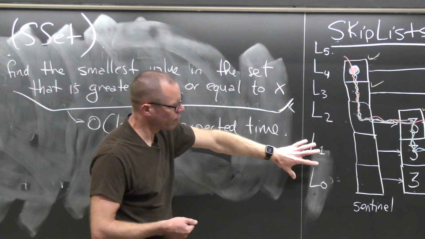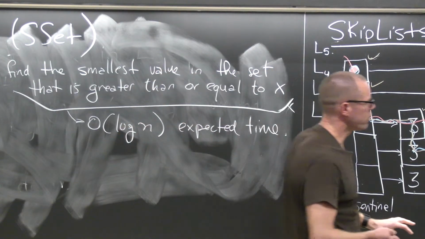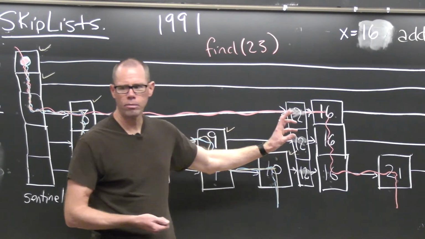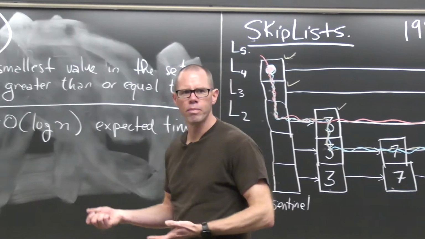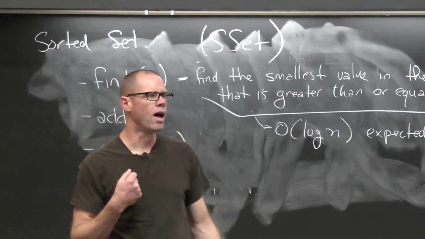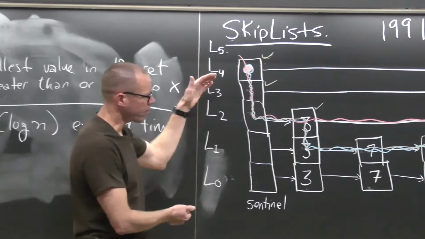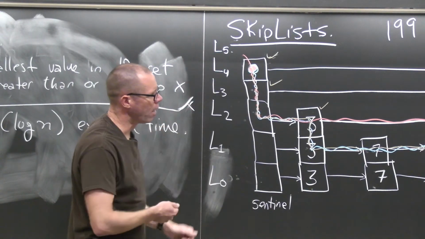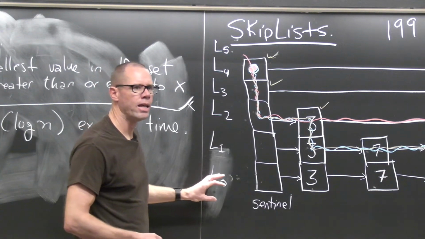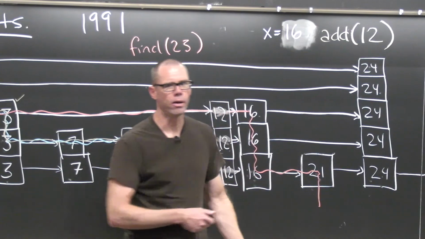Maybe this first list was made like this, but then I added this new value 12, and it came later. That's not necessarily the same thing. So we have to convince ourselves that the list I get after adding 12 is indistinguishable from a list where I started with all the values in the bottom and tossed coins this way.